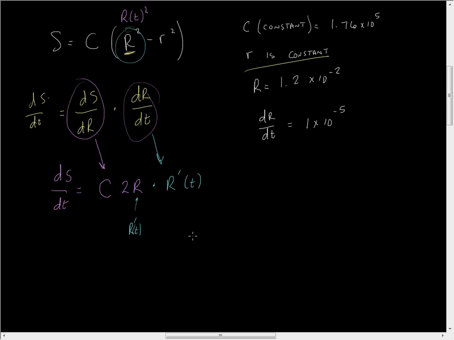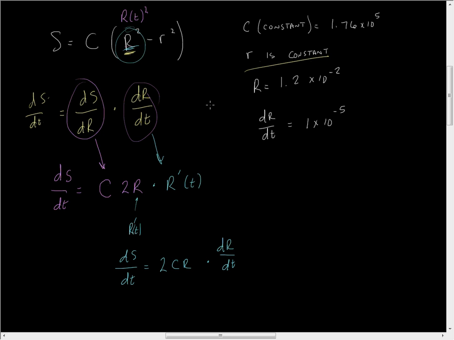So now ds/dt is equal to 2c times capital R times the rate, dR/dt. This is what I meant earlier when I hinted that there's a secondary rate here. The speed of the blood is changing according to how the radius changes, so there are two things changing, one dependent on the other.